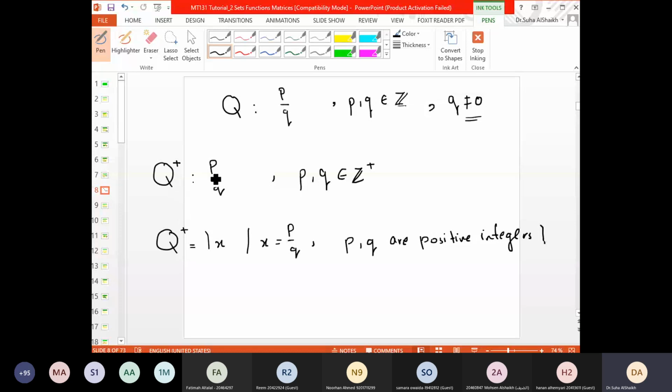For Q plus, P and Q will be in Z plus. I don't need to mention the condition Q is not equal to 0 because in Z plus I don't have a Q equal to 0. So we did not mention that condition here. So this is how we write it. Q plus is all the x's such that x is P over Q where P and Q are positive integers, or we can write that P and Q belong to Z plus if we want to. You got it now?